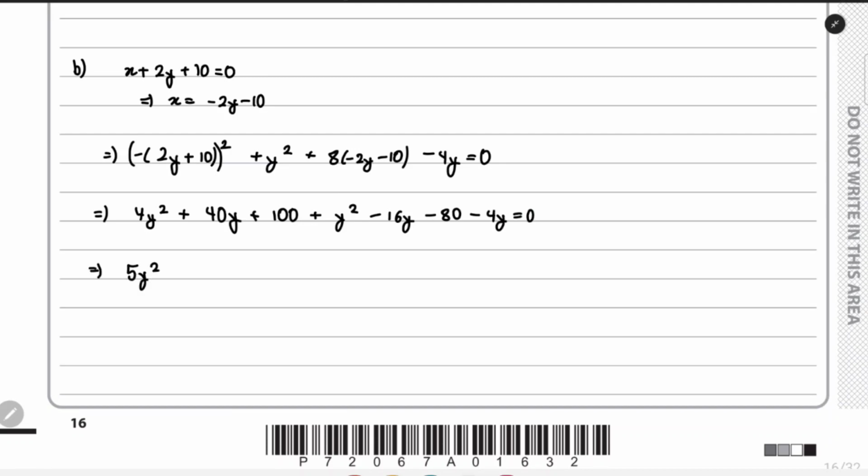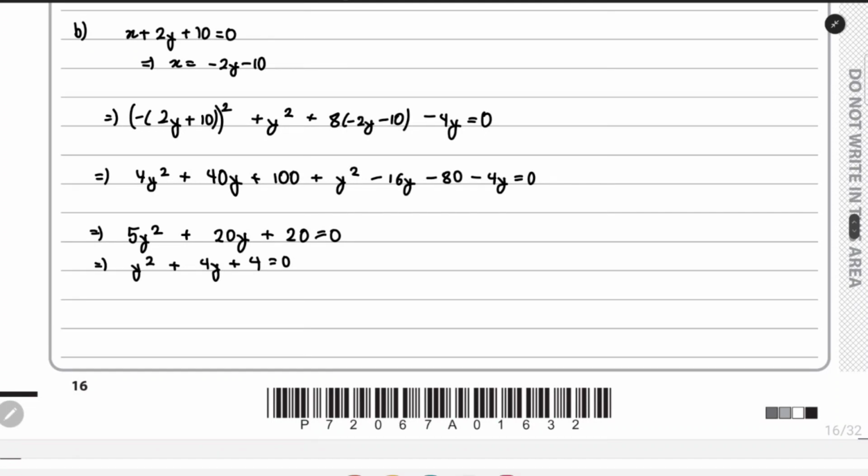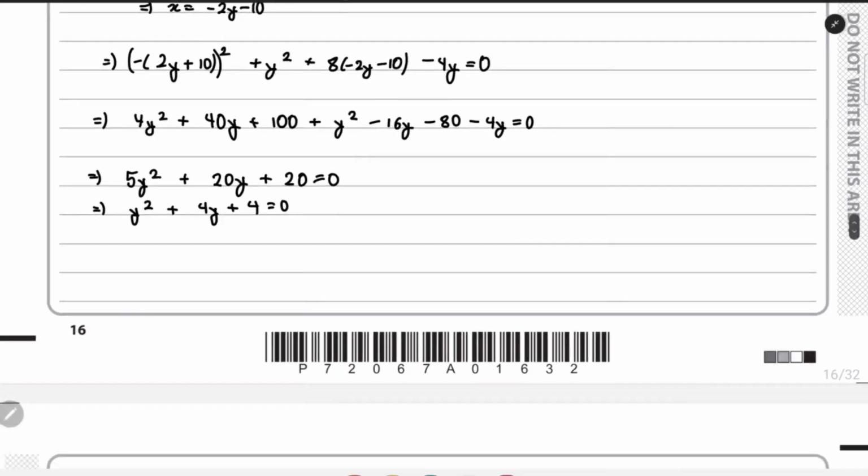We'll get 5y square plus 20y plus 20 equal to 0. We can take 5 common over here. We'll get y square plus 4y plus 4 equal to 0. We can write this down as y plus 2 whole square equal to 0. So y is equal to minus 2.